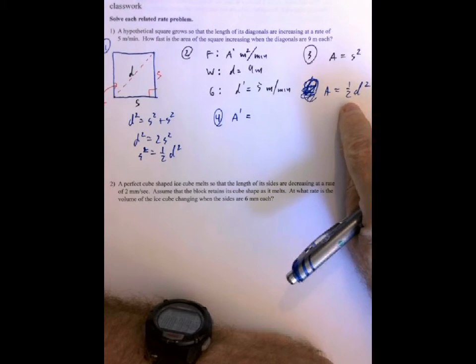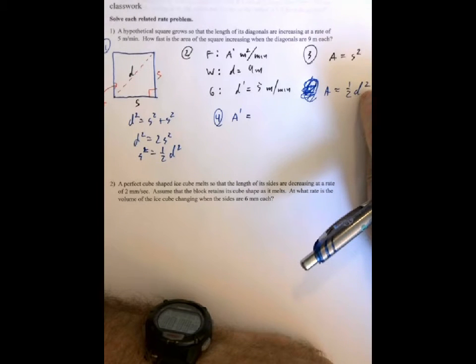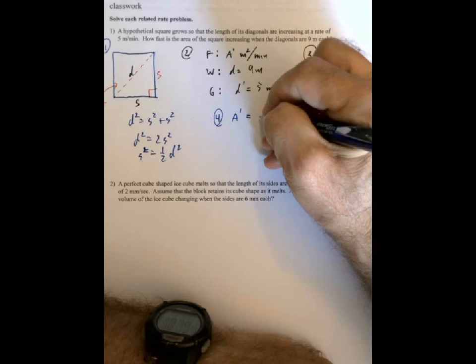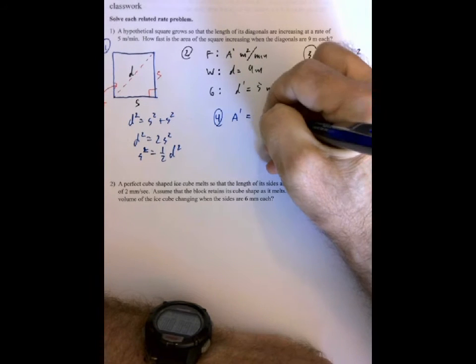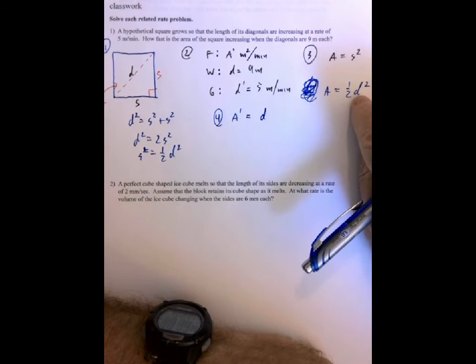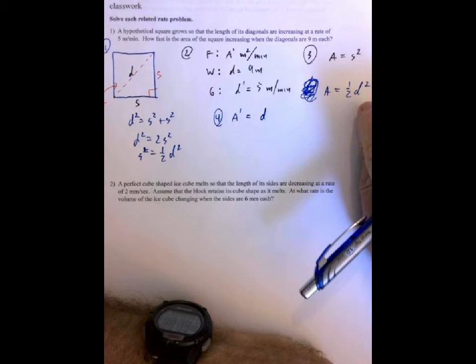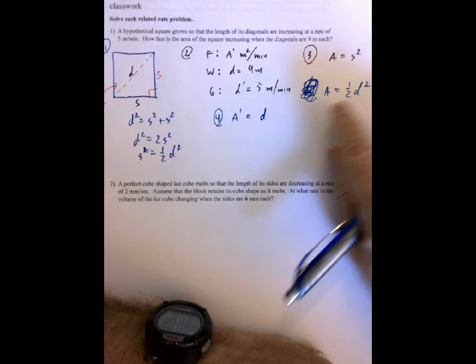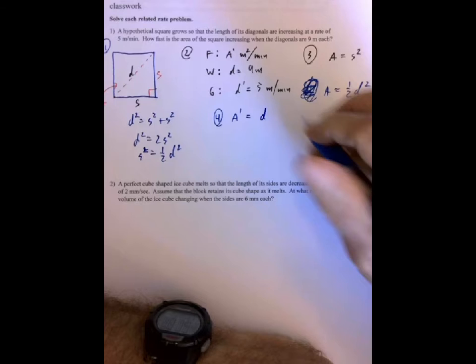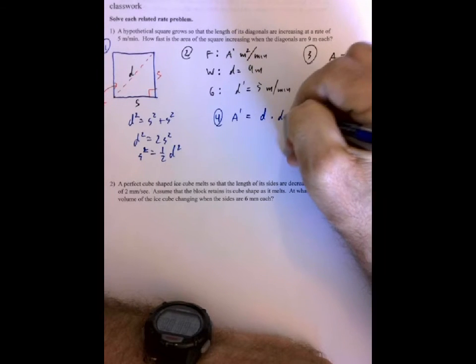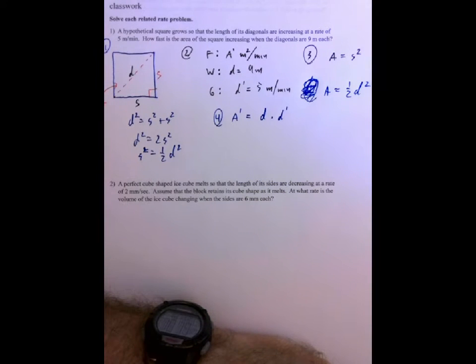And then over here, we take the derivative using the power rule. 2 times 1/2 is 1. So that's going to be d. That's the derivative of the outside, because we're using a chain rule here. The derivative of the outside is just going to be d times the derivative of the inside, which is d primed. Okay?